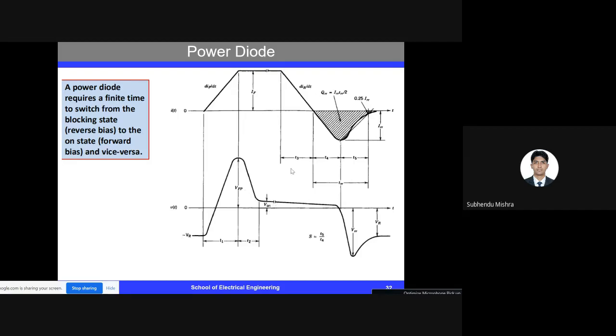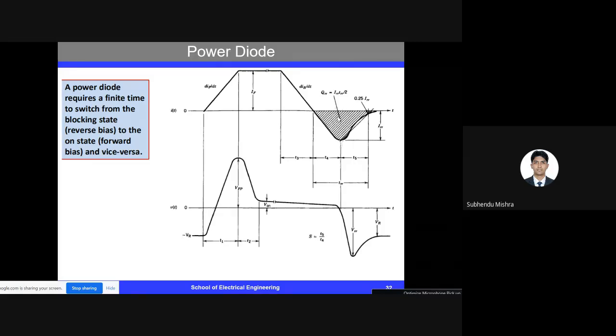And when you turn it off, at the start of T3, it does not turn off instantaneously. The voltage is on. There is a positive voltage there, and there is a drop. The current does not instantaneously become 0. What happens is that the current now flows in the reverse direction. As you can see, once you turn the power diode off, the current actually goes in the reverse direction, and this reverse current goes on to a particular value, that is the reverse recovery current.